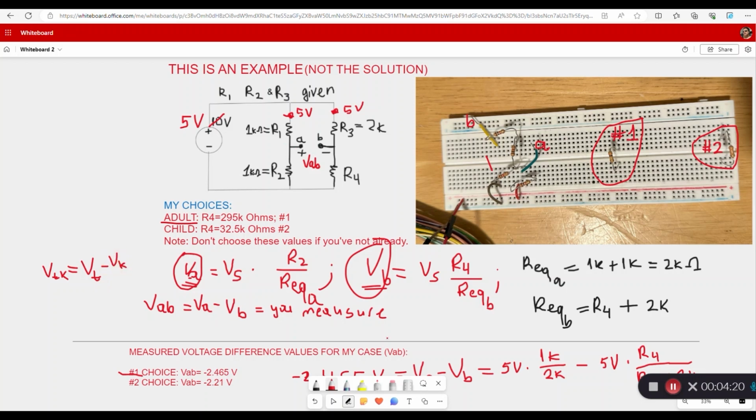Okay, so over here I have the measured values underneath, as you see. With my own experiment, choosing these two resistors, for the first choice I measured minus 2.46, and then second choice I measured minus 2.21 volts voltage difference between A and B nodes.